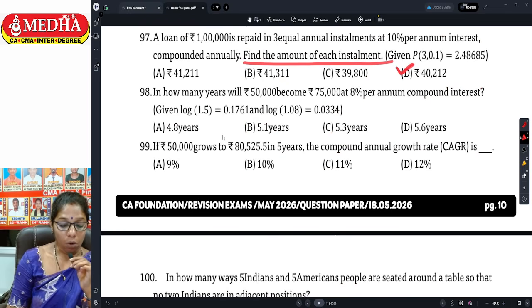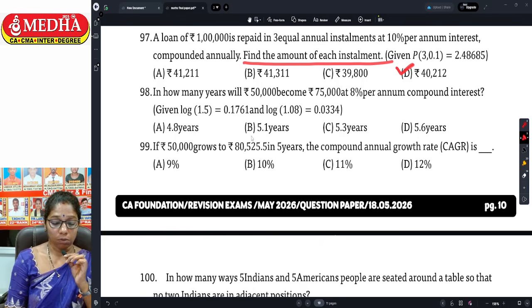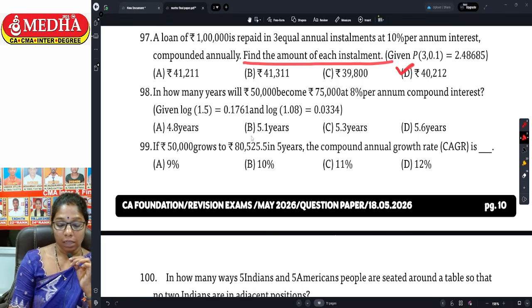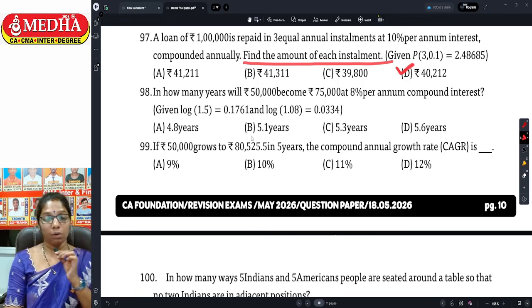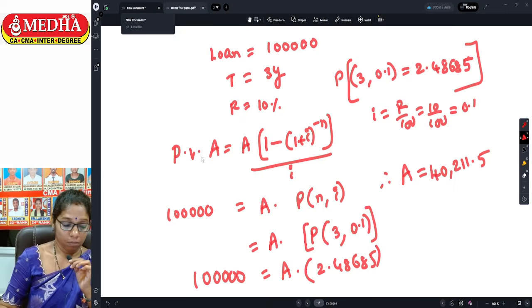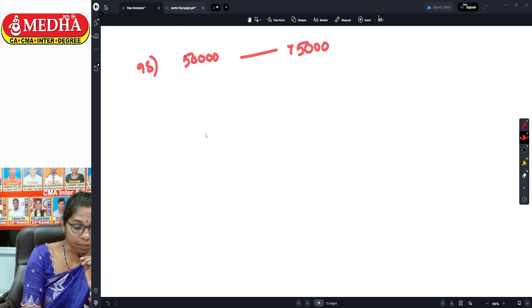Next, in how many years will 50,000 become 75,000 at the rate of 8% per annum compound interest? Logarithm values are also given to us. So 50,000 becomes 75,000, question number 98, at the rate of 8% per annum.